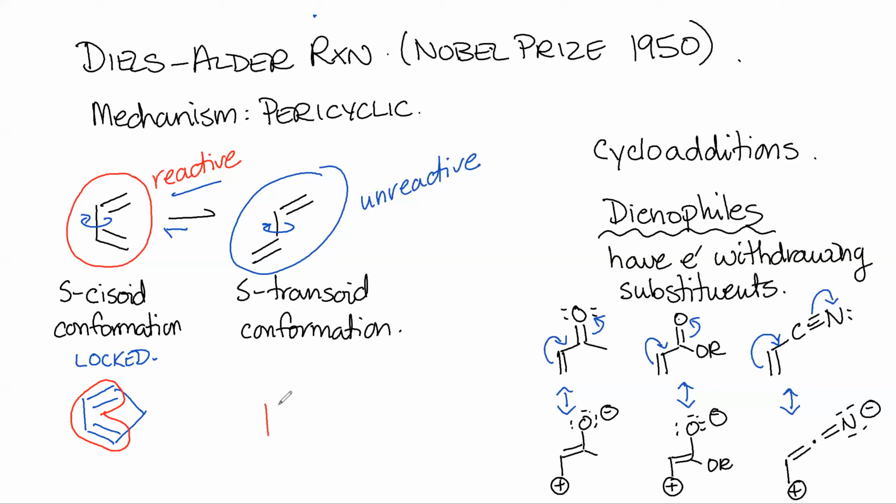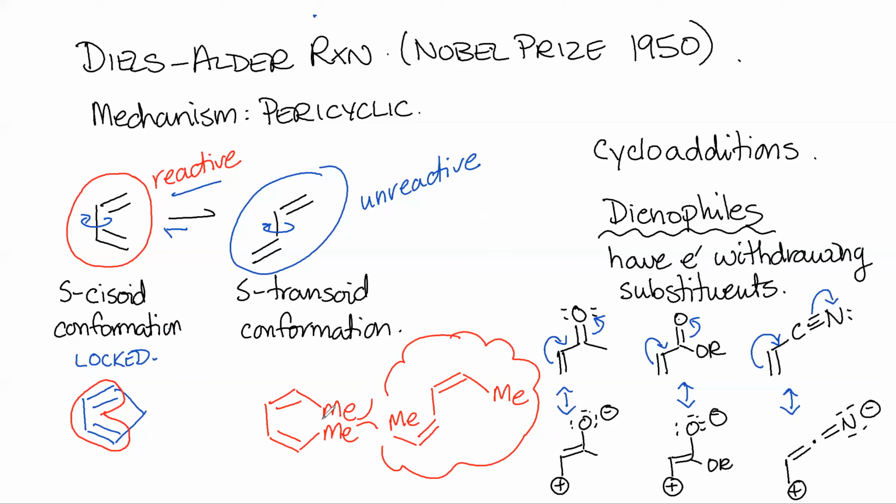For example, if we had a methyl group here and a methyl group here, the steric strain here is really, really bad. So it would always be in the opposite conformation, which would be this. It would always be this one because this one's too high in energy. So with the dienes themselves, the best ones are when they're locked in that reactive conformation.